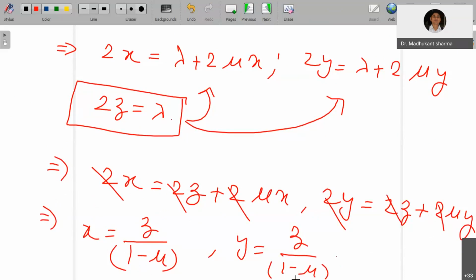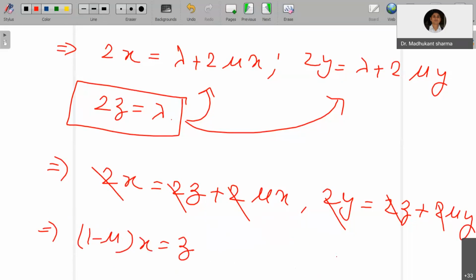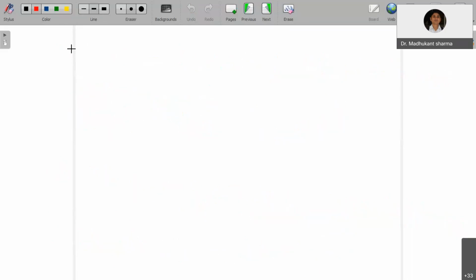So this implies 1 minus mu times x equals z, and 1 minus mu times y equals z.